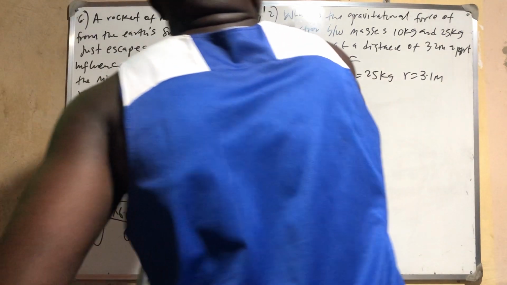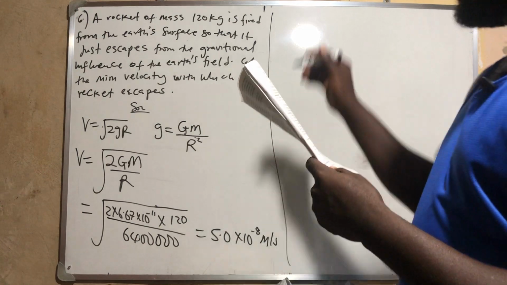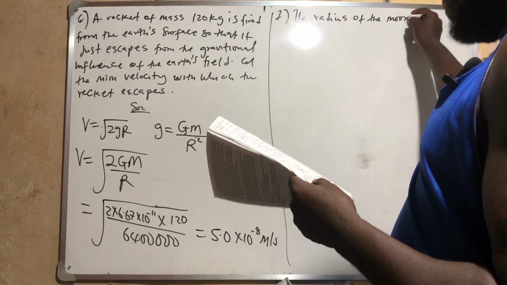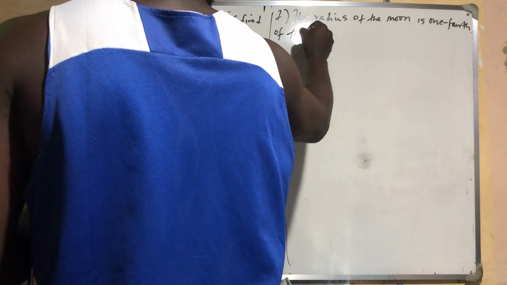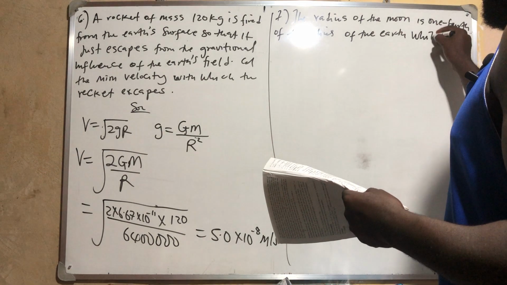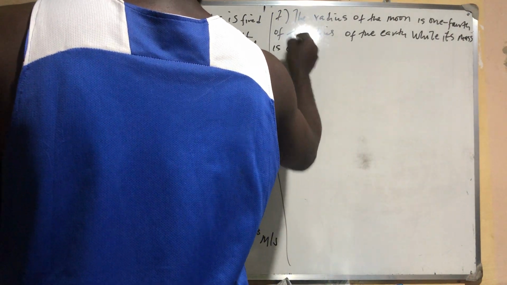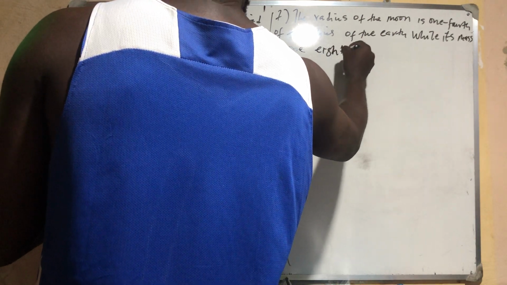All right, so the next question. Question number 7 said, the radius of the moon is one fourth of the radius of the earth, while its mass is 1/84th that of the earth.